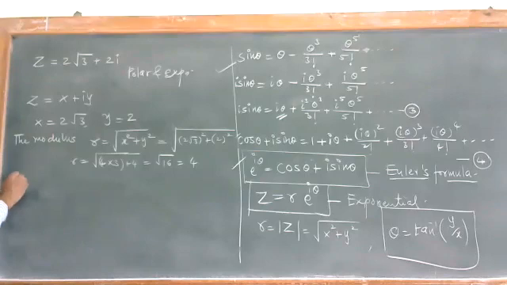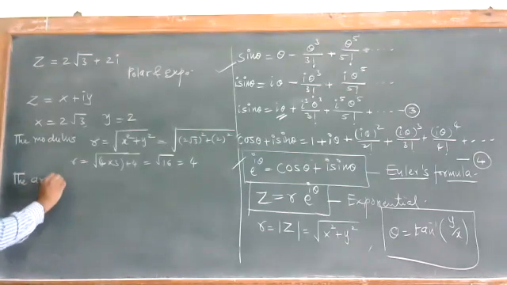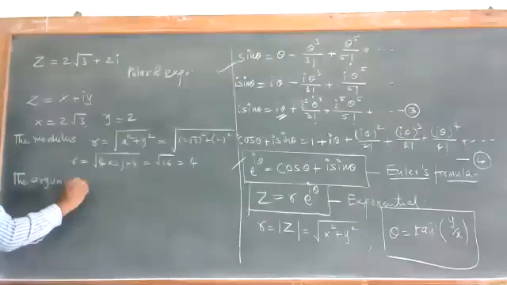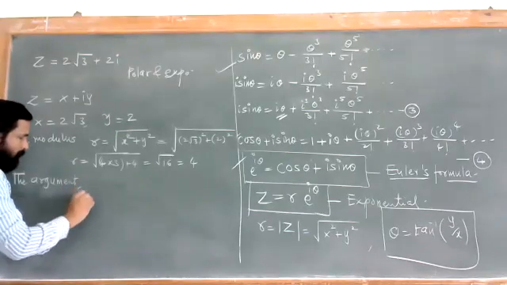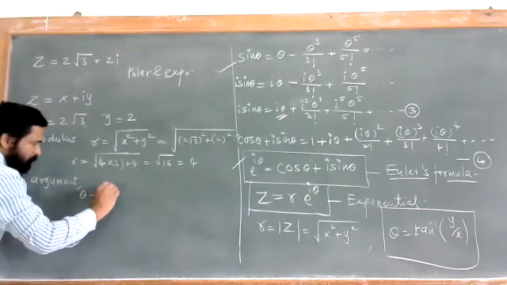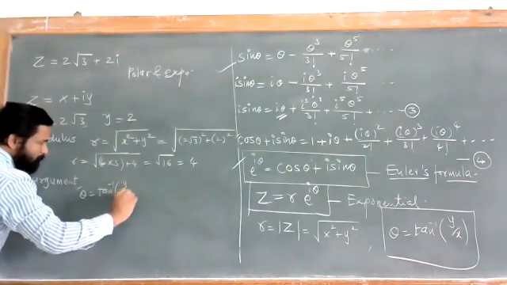What is the second thing? The second thing is the argument. Theta is equal to tan inverse y by x.